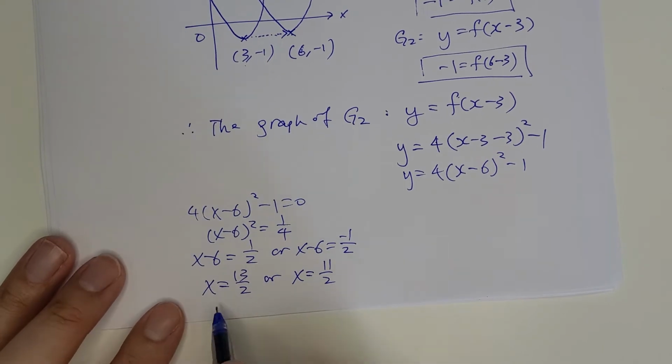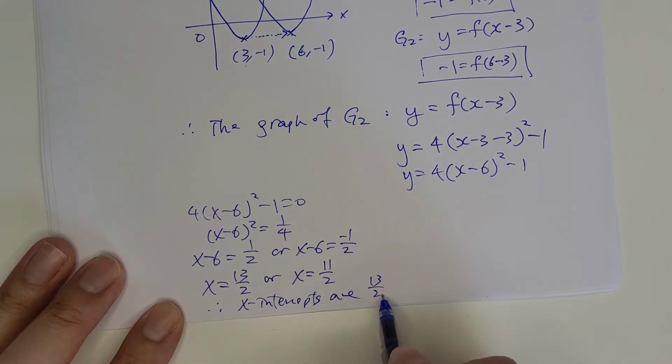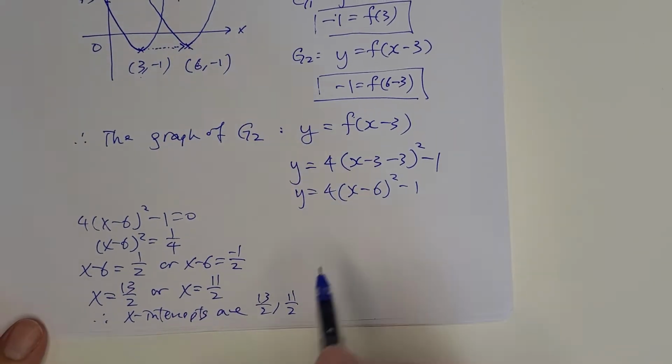These are the x-intercepts. Therefore, the x-intercepts are 13 over 2 and 11 over 2. How about the y-intercept? You substitute x equal to 0.